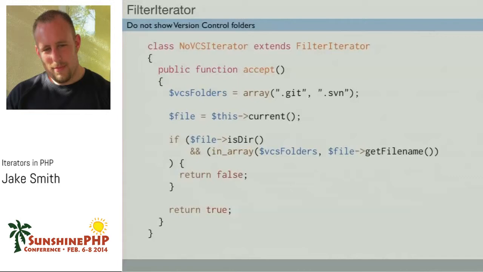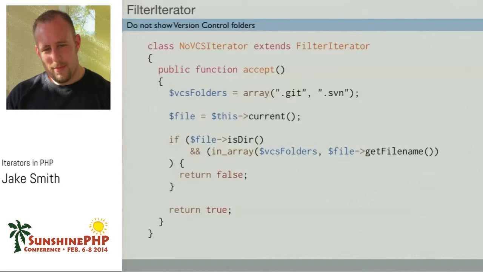So right here, we create a filter iterator. The only thing you have to do with a filter iterator is define the accept method. Return true if you accept this, or false if you don't accept it. So if a version control folder is in there, return false, and it won't show up.